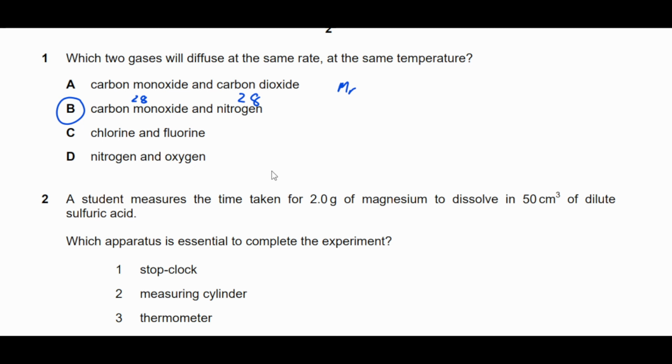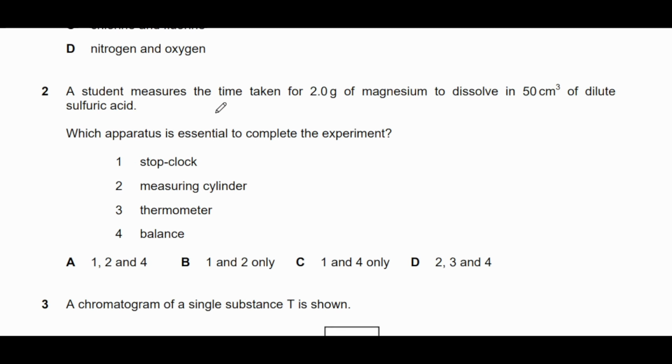Okay. Question 2. A student measures the time taken for 2 grams of magnesium to dissolve in 50 cm3 of dilute sulfuric acid. Which apparatus is essential to complete the experiment? Firstly, the question says that you're measuring the time taken, so you need a stop clock. Next, 2 grams of magnesium.